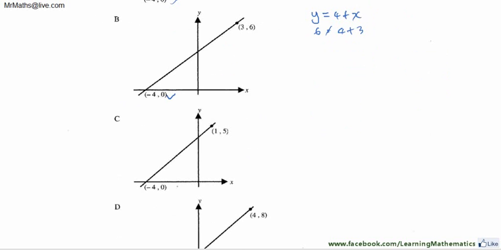Okay, C, this point is correct. Let's test this point now. Y is 5, then x is 1. This is also correct. Why are there two answers?